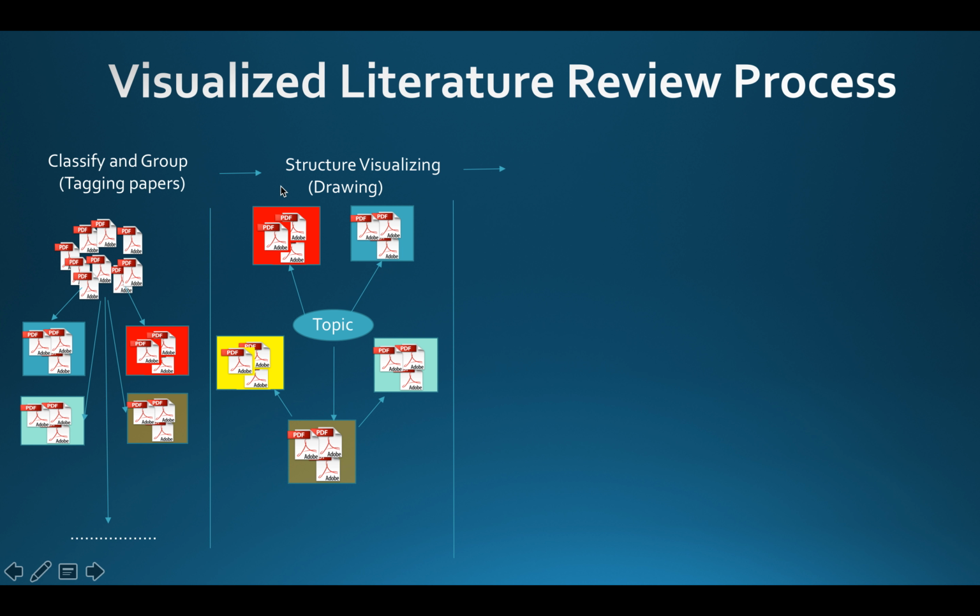The next step is to visualize the relationship among the different groups of classified papers. I can draw the lines, like in this way, like a concept map, and it demonstrates the structure of the papers I collected.